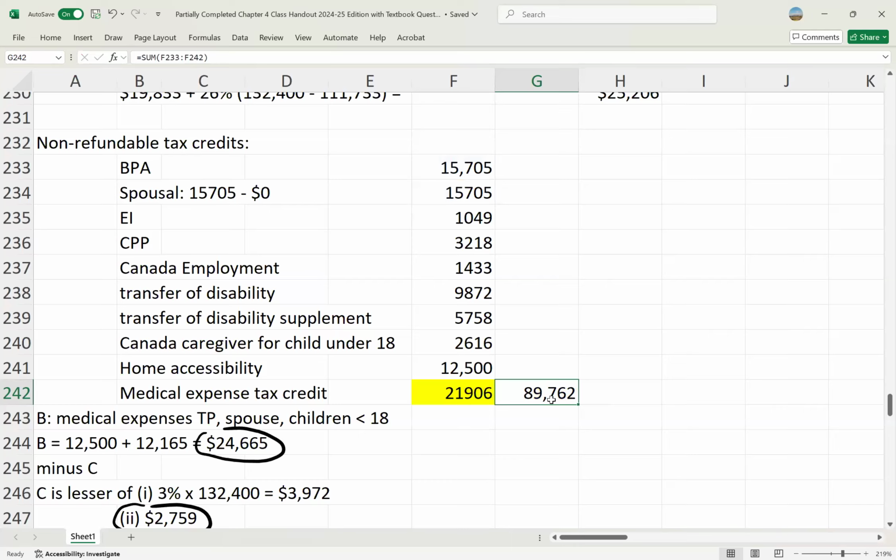So the base amount is 89,762. And once again, we're going to multiply that by 15%. And so that's going to give us basically 13,464.